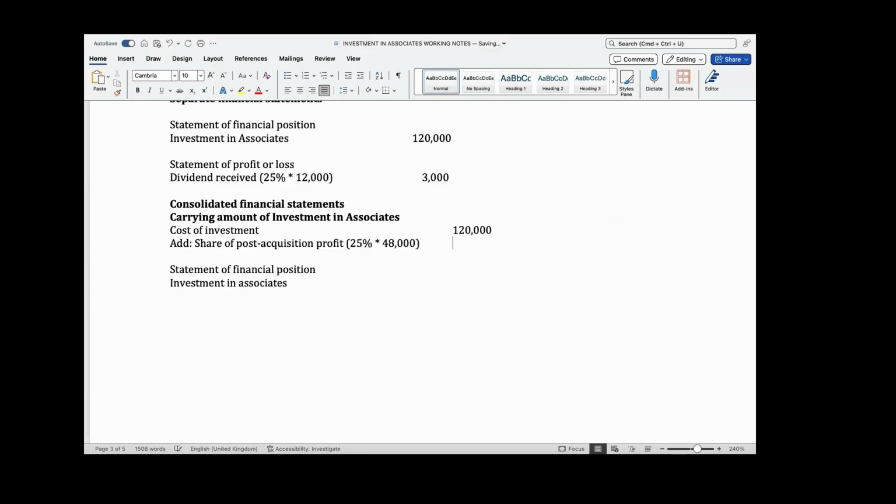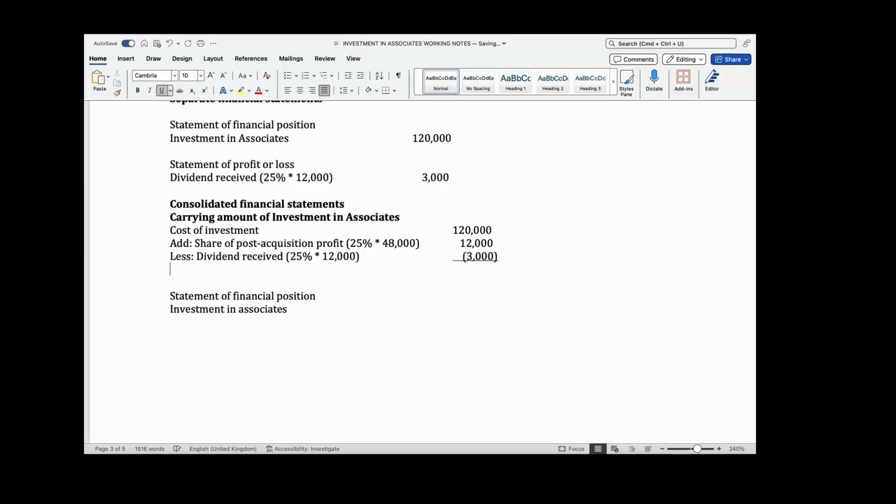So 48,000 divided by 4. That's 12,000. Then we'll deduct the dividend received because he has already recognized it, so let's remove it from here, which is 25% times 12,000, which is 3,000.